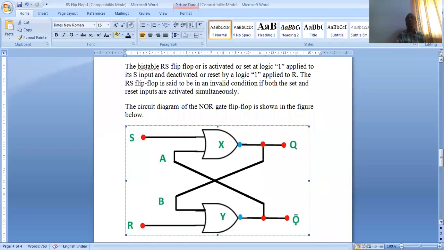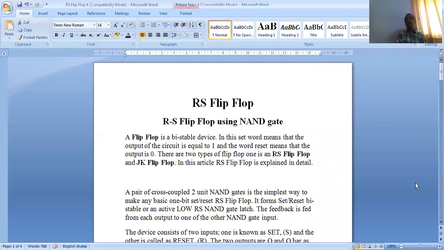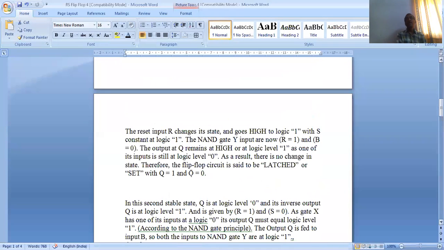This we are going to see here also in the case of RS flip-flop using NAND gate. Keep in mind how to remember the RS flip-flop using NAND gate and using NOR gate. When we are using NAND gate, it is used as a bubbled NAND gate.